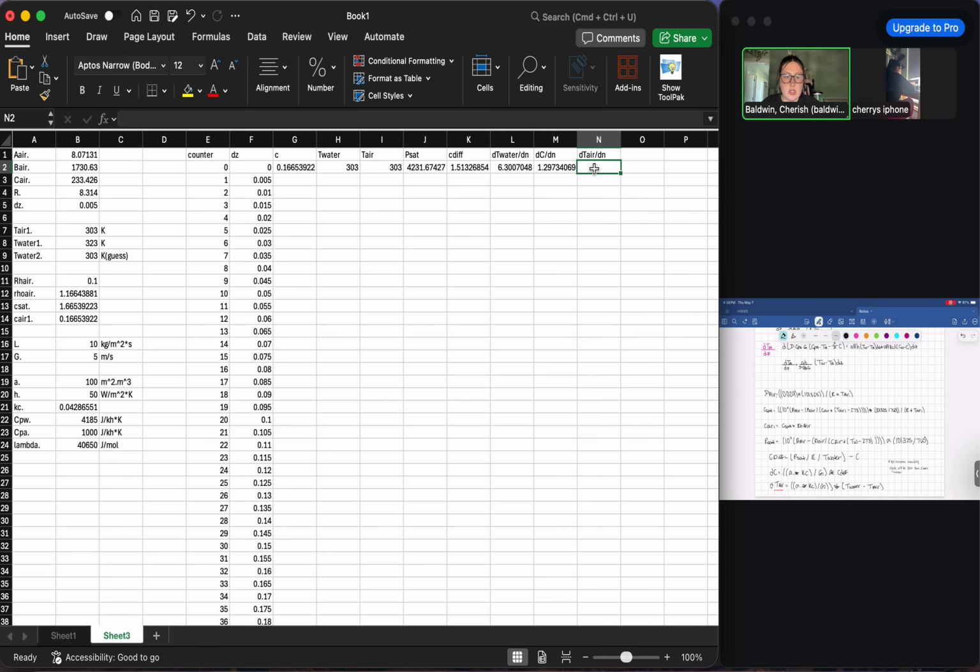And now our T, our air, is also going to be in units of our mass transfer coefficient. So it's our packing area times our mass transfer coefficient divided by our flow rate of our air times our temperature difference.